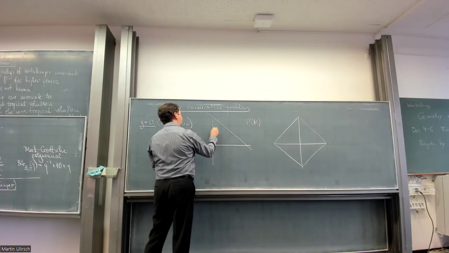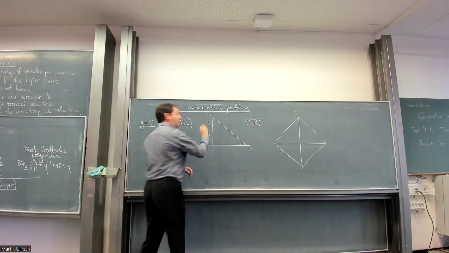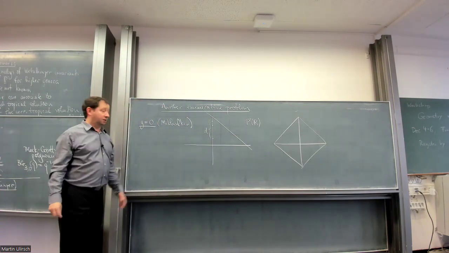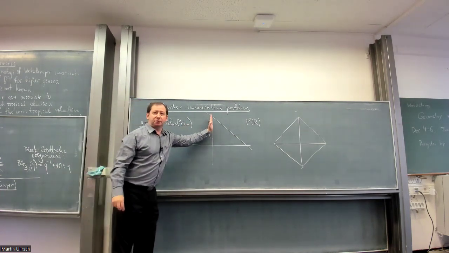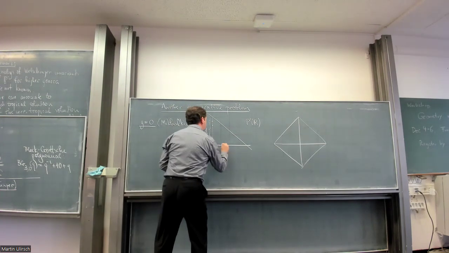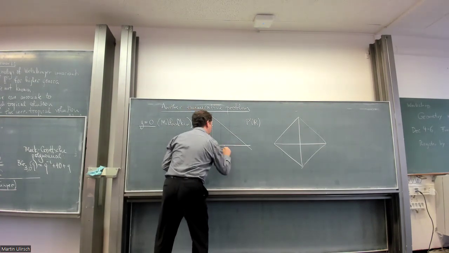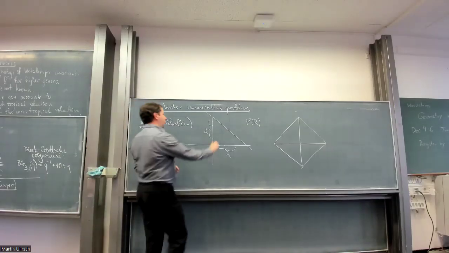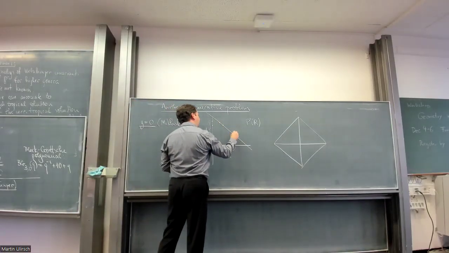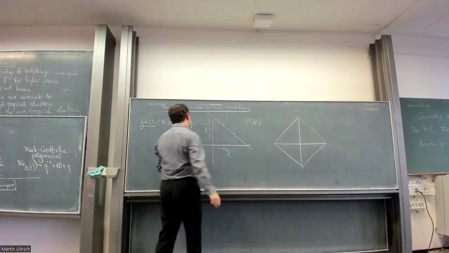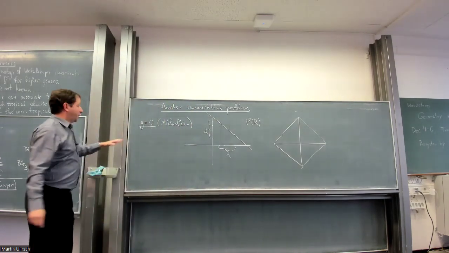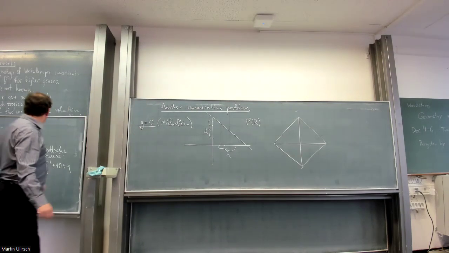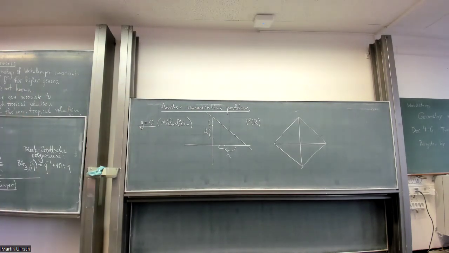So I will pick D points on this axis, on the boundary of the positive quadrant. D points on the second axis. And in principle, still, I will try to enumerate rational curves. So I should fix 3D minus 1 points.